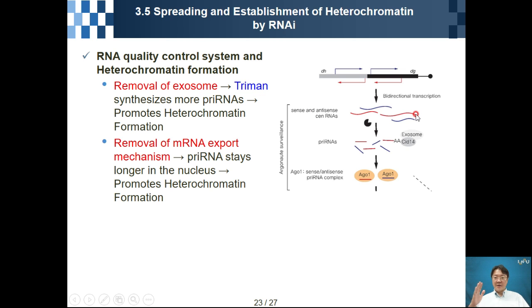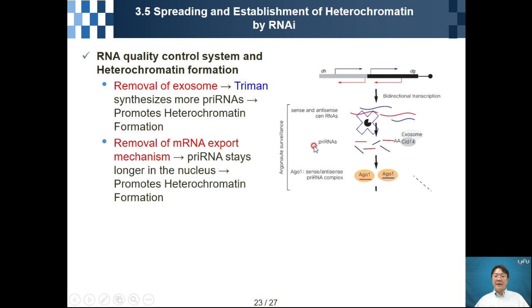It digests them and removes them. So if we can remove the exosome, it means that more pre-siRNAs can be synthesized. It means that if there are more pre-siRNAs, it will promote heterochromatin formation.